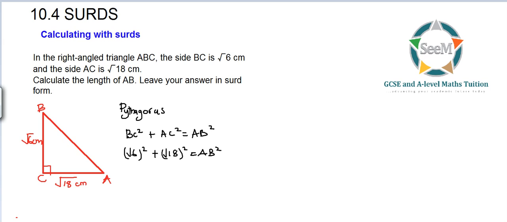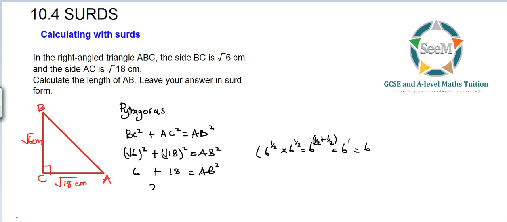Root 6 is the same as 6 to the half times 6 to the half, which is 6 to the half plus half, which is 6 to the 1, which is 6. So root 6 squared is 6, and the same applies to root 18. Root 18 squared is 18, equals AB squared.